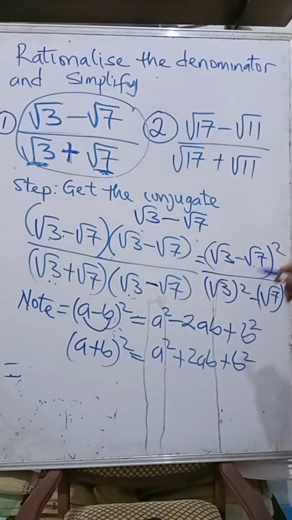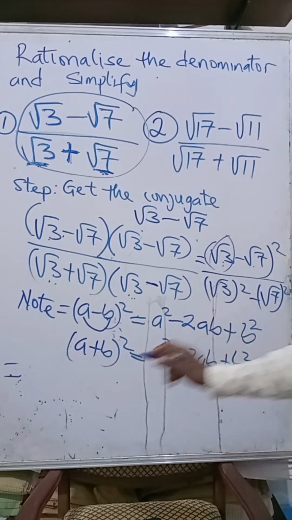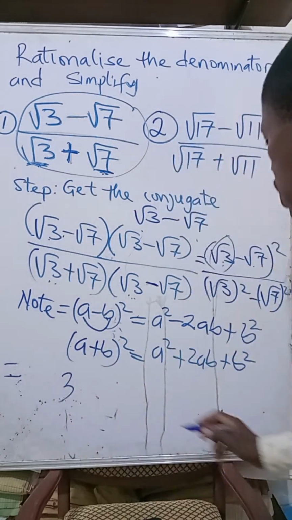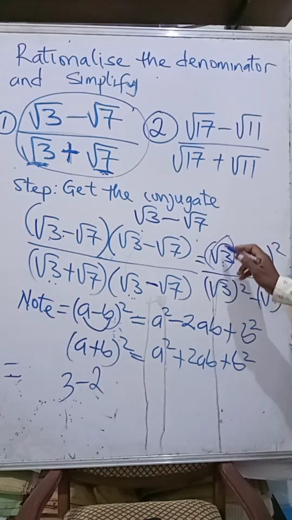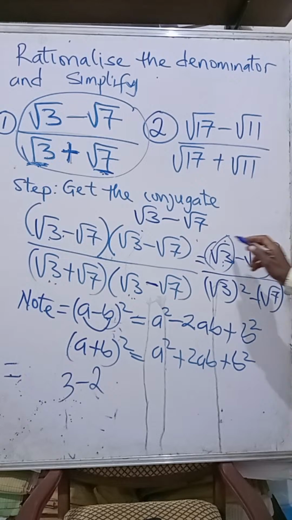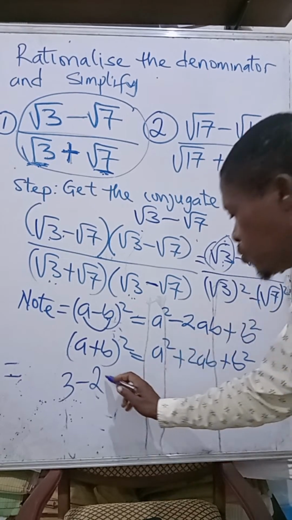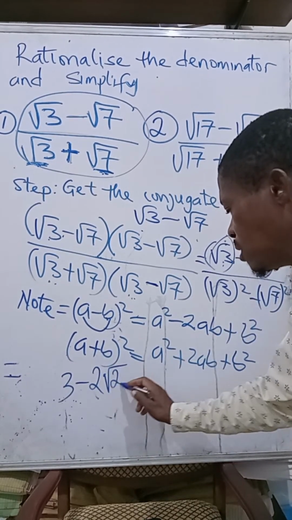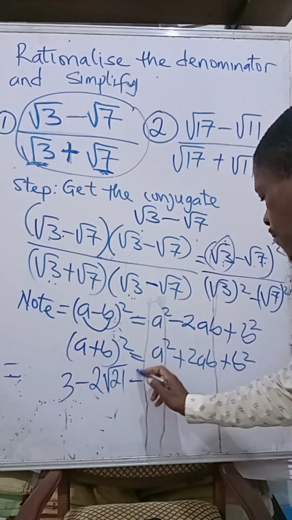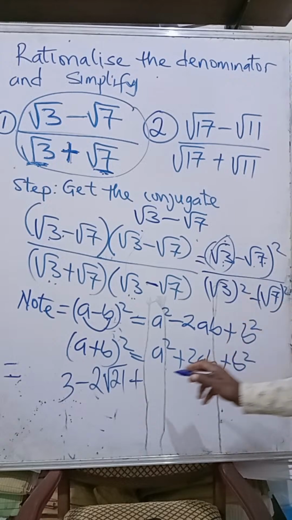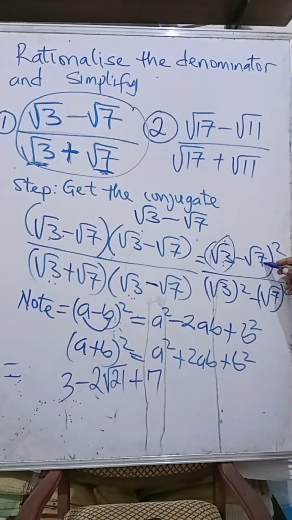So we can apply that for this one. Our a is root 3, and if you square this one, that will be 3. Then minus invisible 2, a times b. A times b, that's root 21. And then plus b squared. My b squared is 7, root 7 squared.